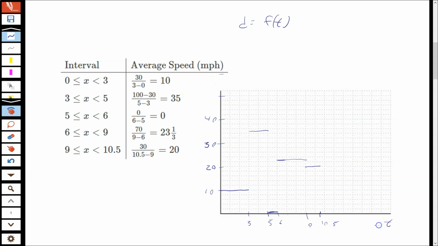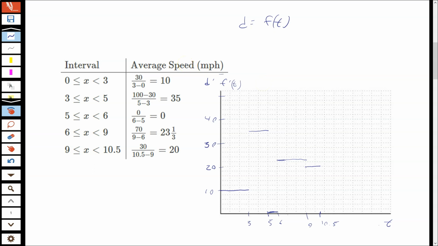The horizontal axis is time, and then think of our derivative notation. You could have said either d prime or f prime would make sense. Either works. So what we have here is a graph of speed based on our previous table of distance.